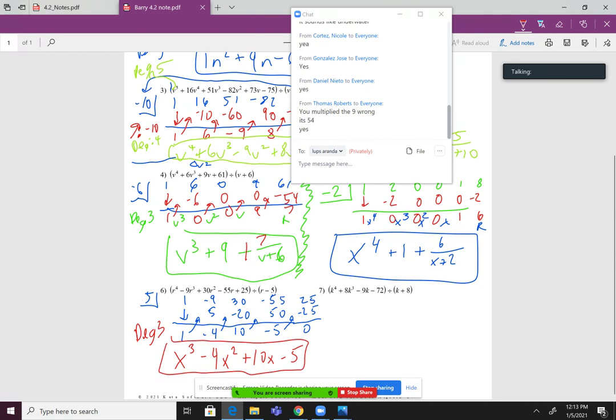All right, so it means I would write my answer as, since we started off, I did X. It's technically supposed to be R, but not really super important, but I'll go ahead and make it R. All right, so we get R to the third minus 4R squared plus 10R minus 5.